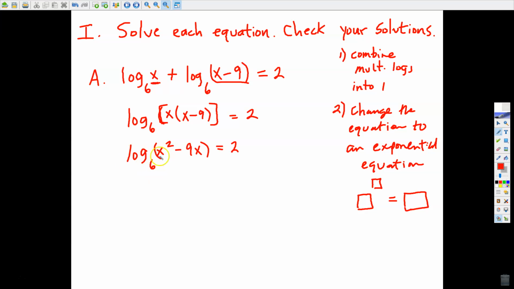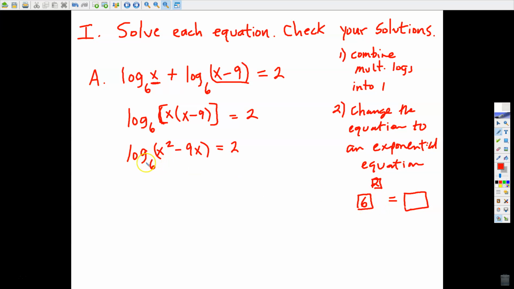We've done some practicing with this in our previous lesson. I look at the base and notice that the base of the log is 6, so that's also going to be the base for some exponent. Remember, by definition, logarithms are essentially exponents. If I read this, it says the log is 2, so that means the exponent is 2.